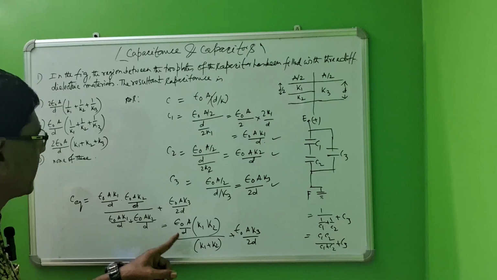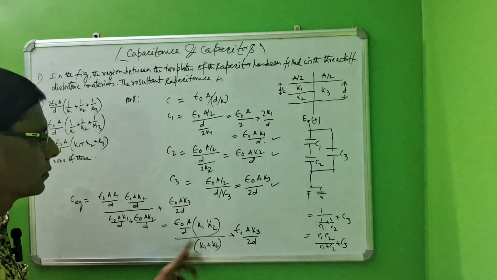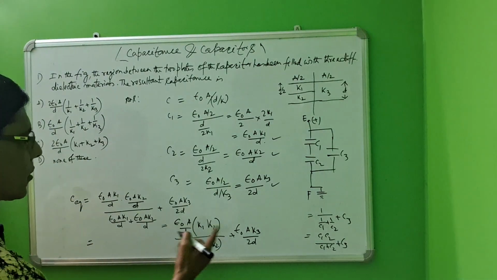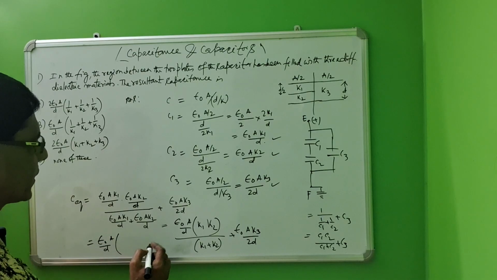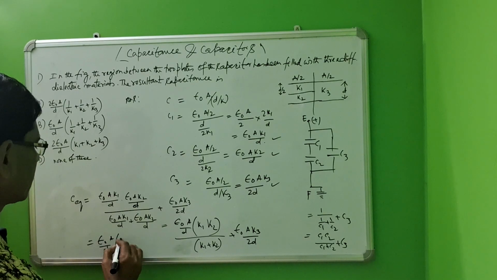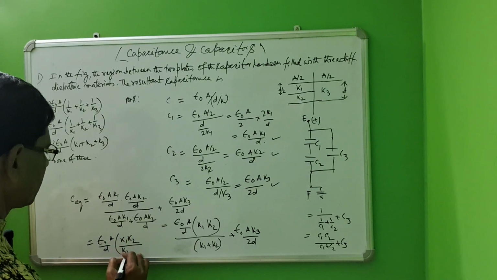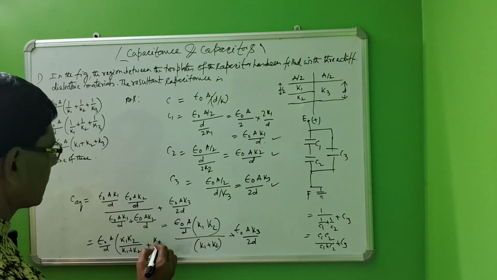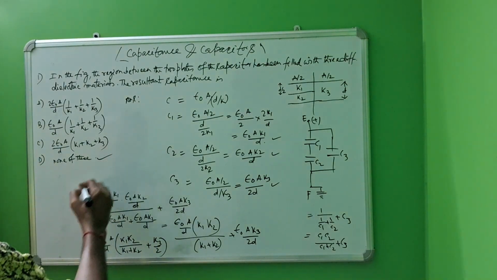Epsilon 0 A by D, K1, K2, this divided by K1 plus K2, plus this. From this take again common as epsilon 0 A by D, we get K1 K2 divided by K1 plus K2 plus K3 by 2. So the answer is D.